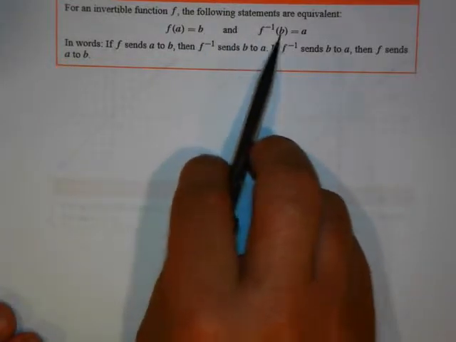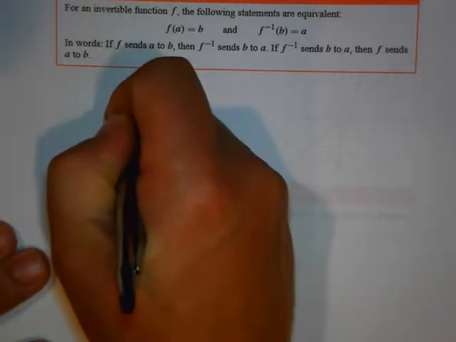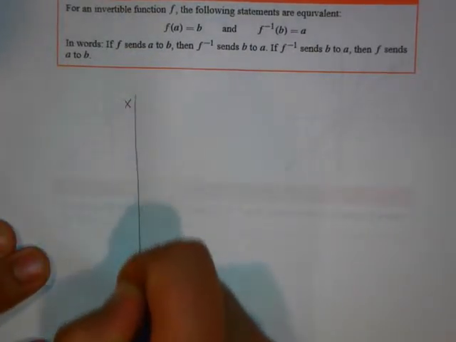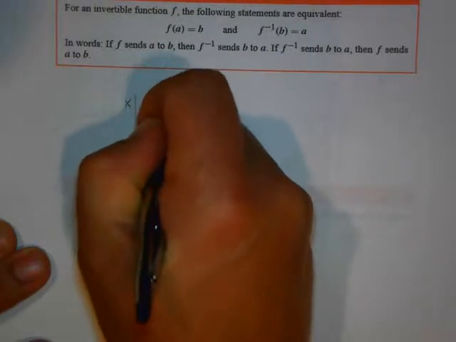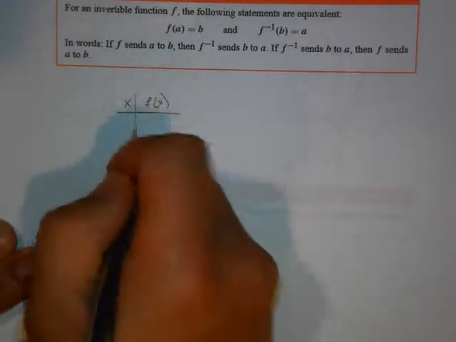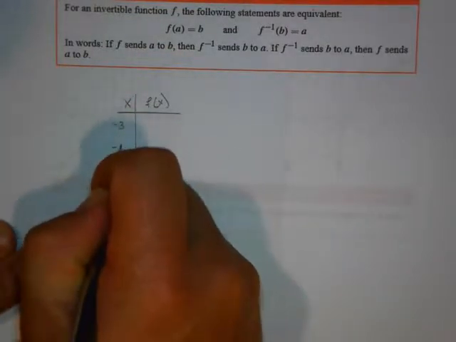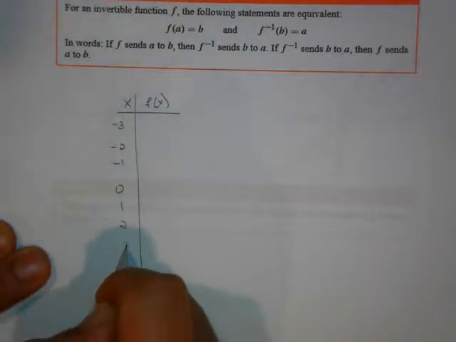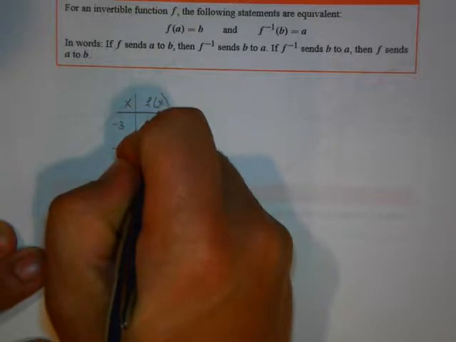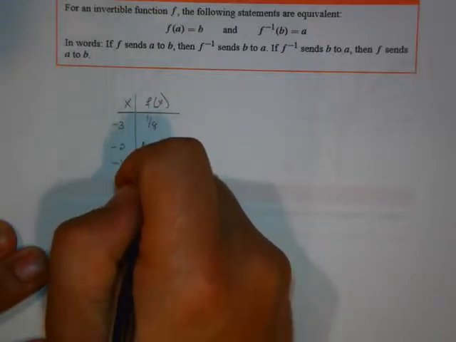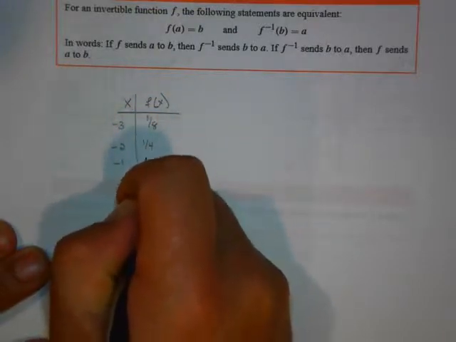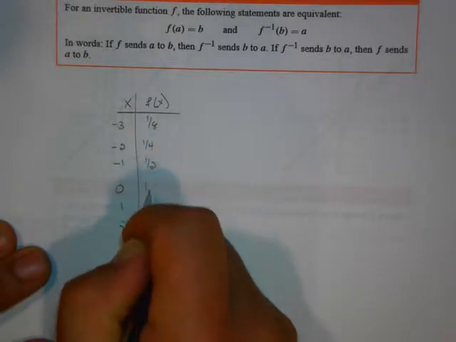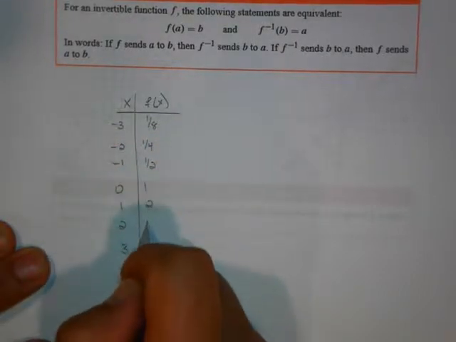So if I have a table here, x, f of x, and we'll say -3, -2, -1, 0, 1, 2, 3. The 1/8, 1/4, 1/2, 1, 2, 4, 8. And if you're wondering what this function is, this is 2 to the x.